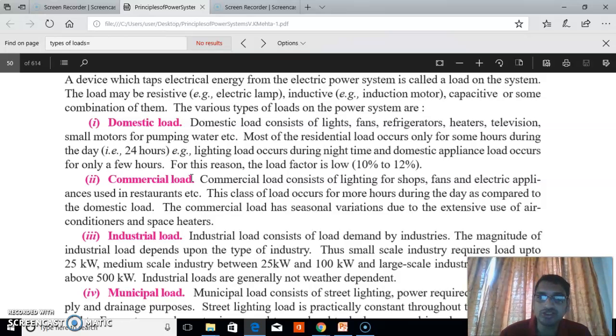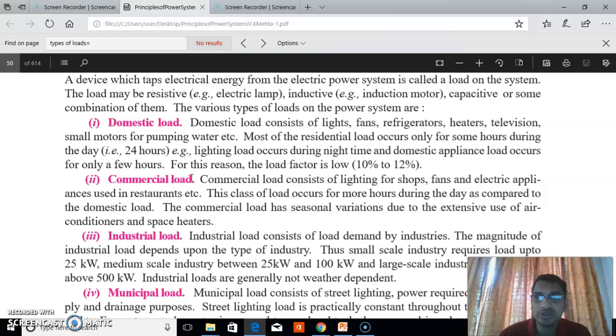Then what are the specialities of commercial load? Normally, most of the loads are on during the daytime. In a domestic building, the light loads turn on only at night, whereas in commercial load, some of the light loads are on during the daytime also.